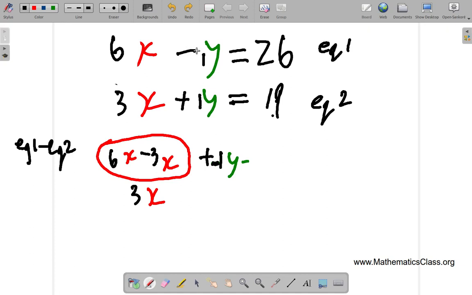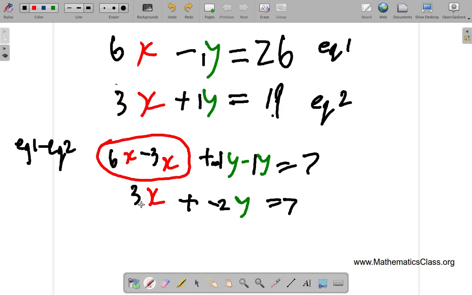So we're adding a negative 1y, then minus 1y equals, so for this part you have negative 1y minus 1y. Negative 1 minus 1, you're going to have a negative 2y here, equals, and this is 26 minus 19, this will give you 7.